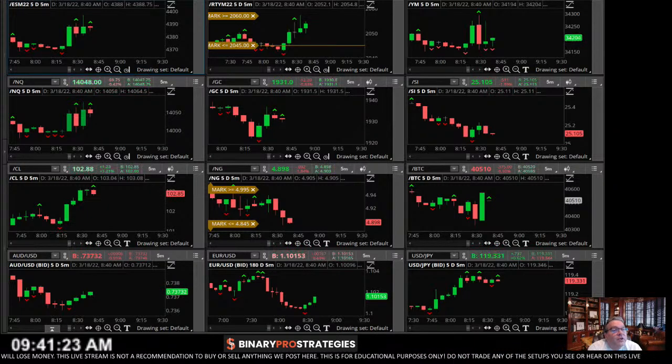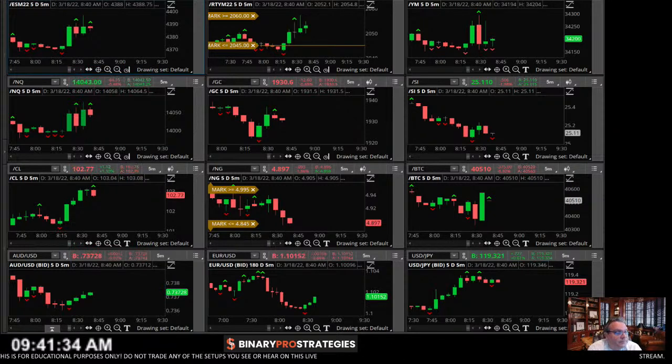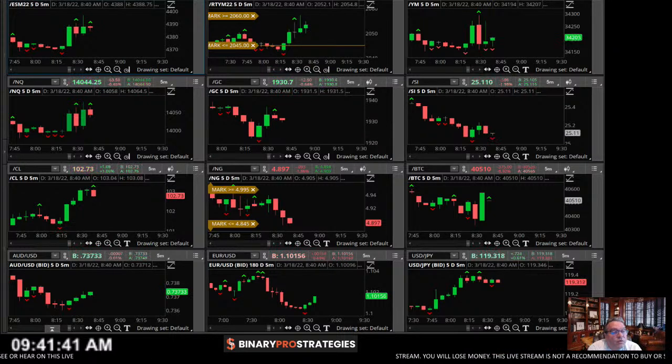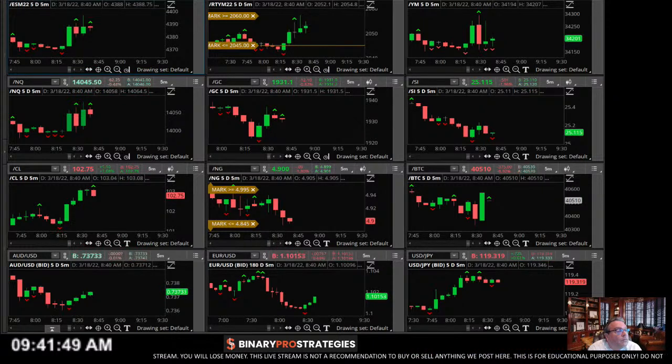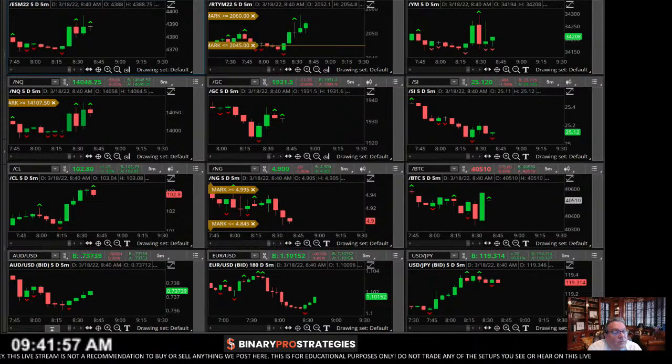All right, we are getting a buy now on NQ, which is going to be our US Tech. Target on US Tech is going to bring me up to 141.075. Reversal on that is going to bring me down to 139.95.